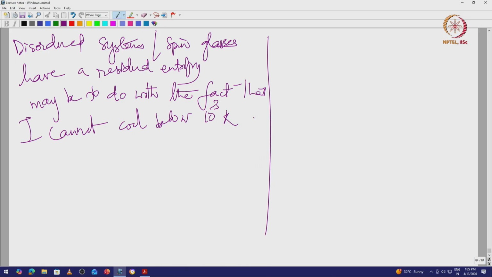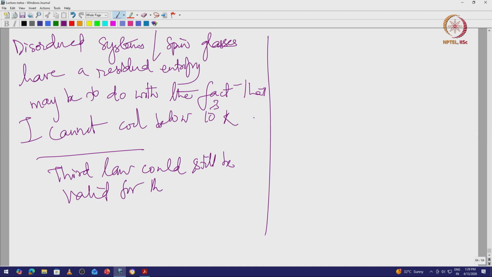If I can cool to, let us say, nanokelvin or picokelvin on a larger scale, then perhaps I may see that the third law is still valid for these systems, albeit at something like nanokelvin, picokelvin temperatures.